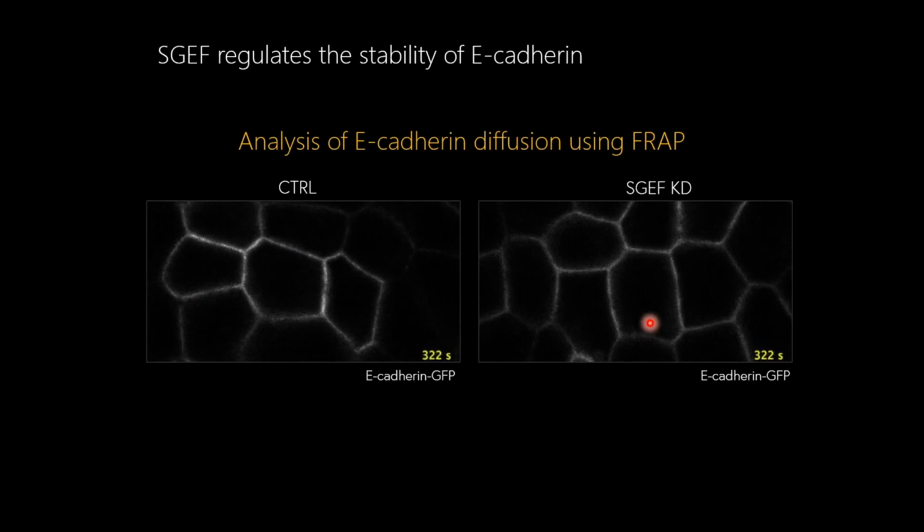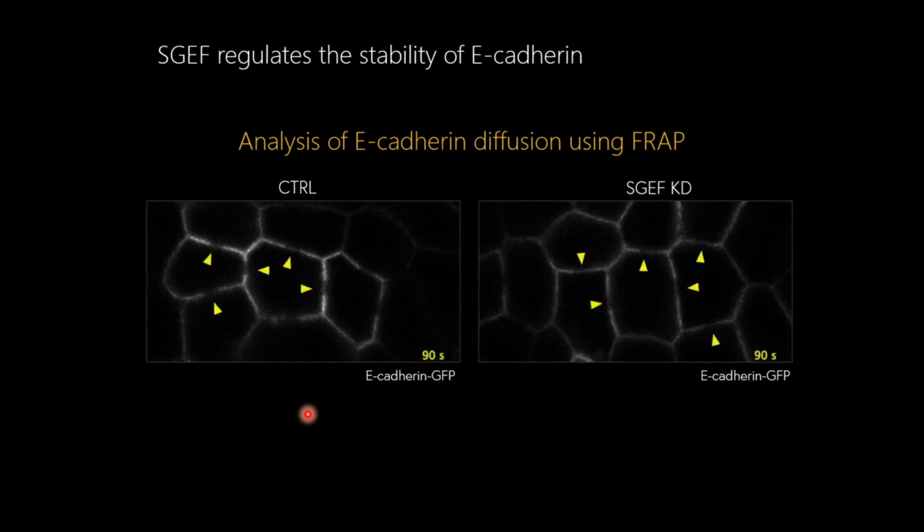Now, how can we test for E-cadherin stability at the membrane? We can do this using a microscopy technique called FRAP, or fluorescence recovery after photobleaching. The way we do this for E-cadherin is we have cells that are expressing GFP-E-cadherin, control and SGEF knockdown cells, and then we bleach a region of the junction using a high-intensity laser, and then we measure the recovery of the fluorescence into the bleached area.